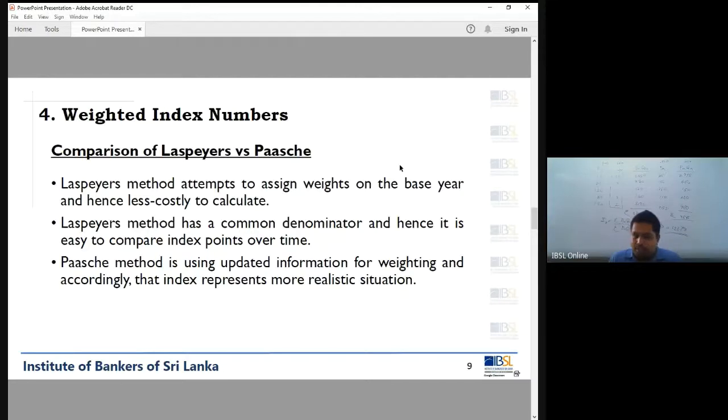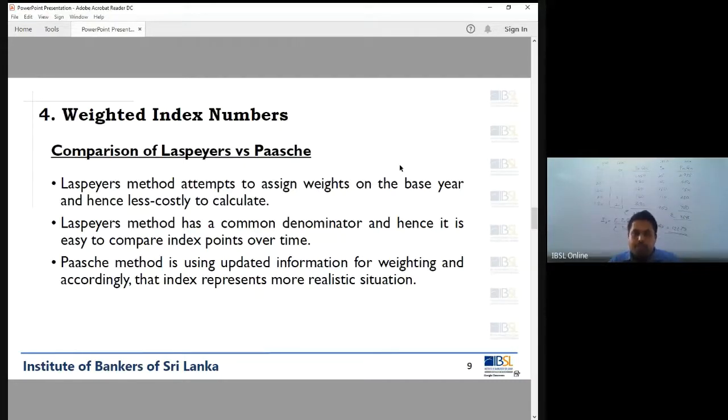But provided we are using the last pairs methods, your initial survey is the only survey that is going to consume your time and effort for the computation purposes, and then you compute the next points using the last pairs methods by only looking at the price changes of the respective years. That's the first point of comparison of last pairs and partial.